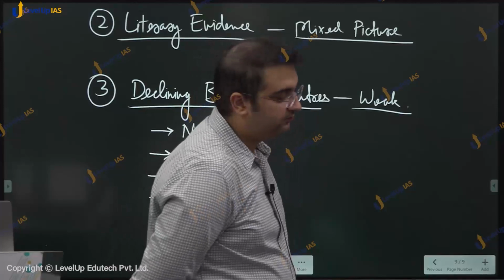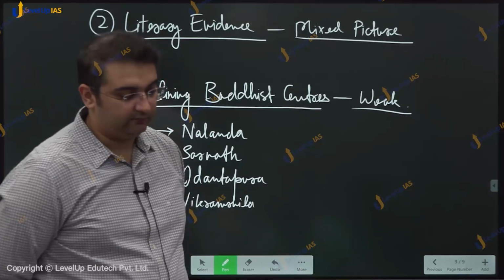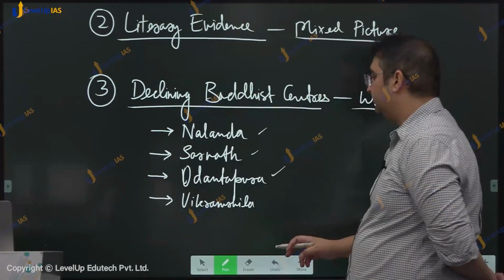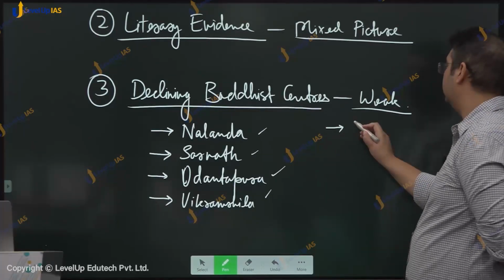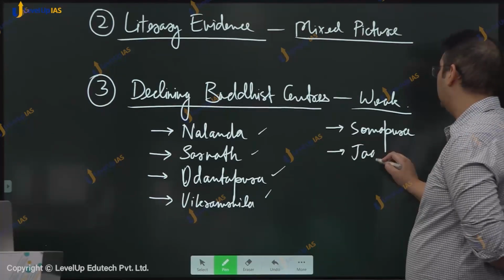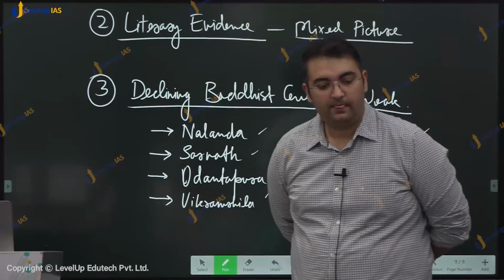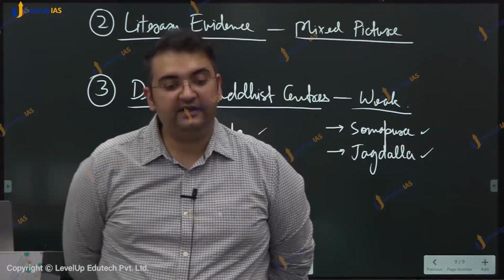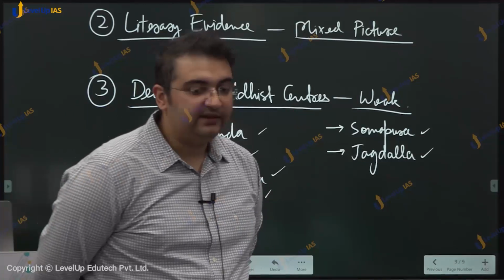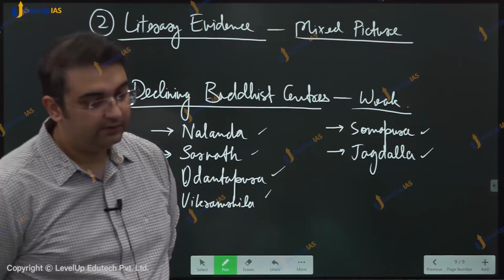Stop. Next point. The Buddhist Mahaviharas at Nalanda, Sarnath, Udantpura, Vikramshila, Somapura, Jagdalla, etc. gained international renown during the early medieval age. ठीक है?